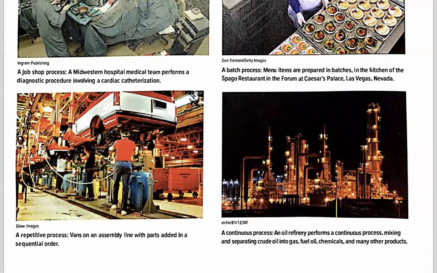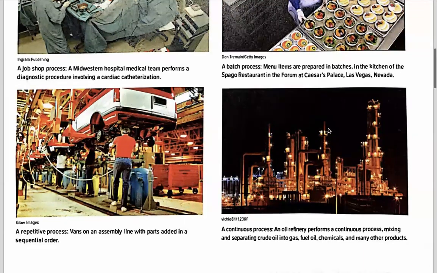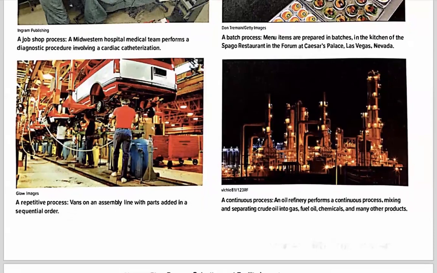And the last one is called continuous. One of the best examples of a continuous process is an oil refinery. Let me give you an example of how oil refineries work. Oil refineries produce a lot of oil.